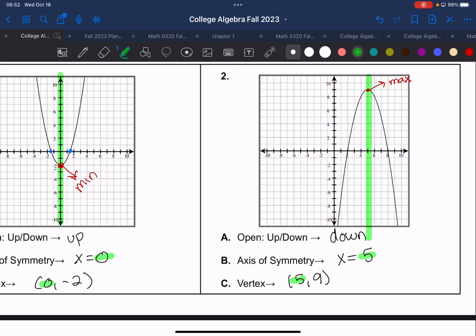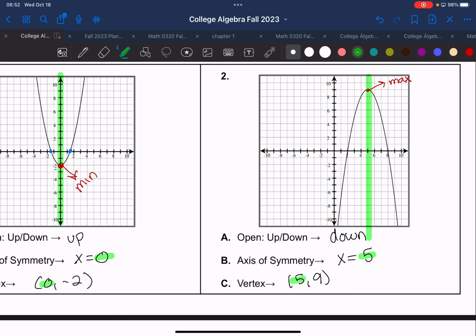Now it's asking for the y-intercept. Do we see a y-intercept on this function? No, and that's only because of the graph that is limited to negative 11 to positive 11 on the y's. However, we know this function goes on forever, so will it eventually have a y-intercept? Yes. So what could we estimate our y-intercept to be? 12.